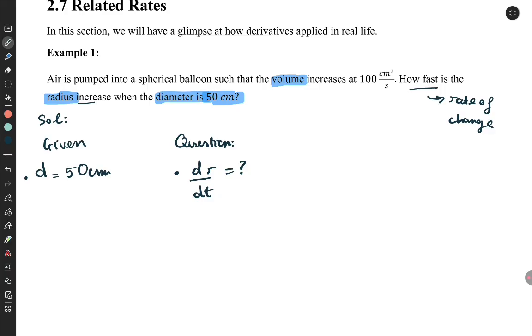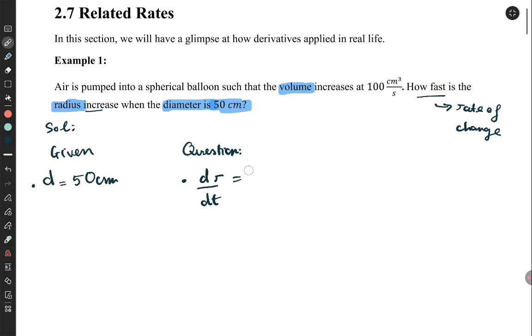But derivative with respect to what? Time. Velocity is the derivative, the rate of change of the position. With respect to position, it would be dy over dx. This one is the derivative, the rate of change of the radius with respect to time. Basically R prime.